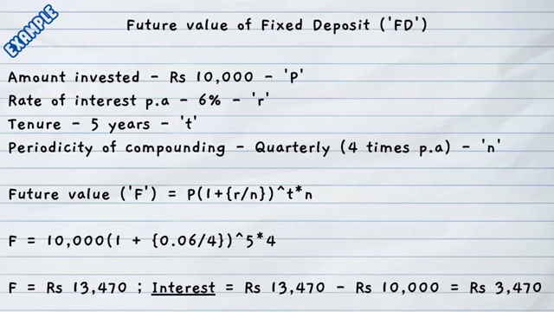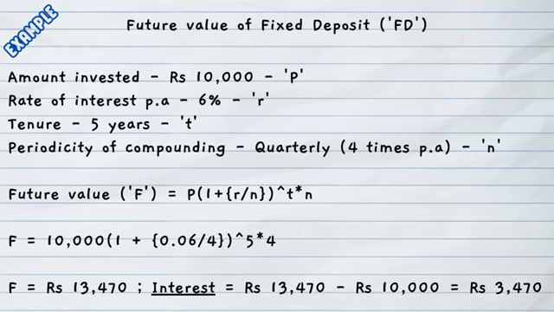Let's say the amount invested is rupees 10,000. This is abbreviated as P, which means principal. And then there is the rate of interest per annum which the banks pay, that is 6%, abbreviated as R. The tenure of this fixed deposit is 5 years, which stands for T. Now the periodicity of compounding of this interest is quarterly.